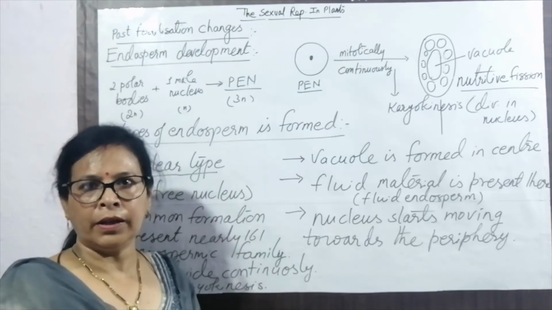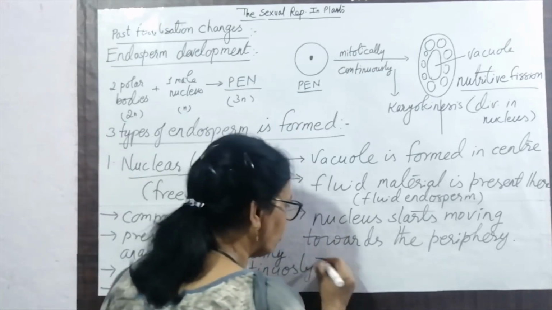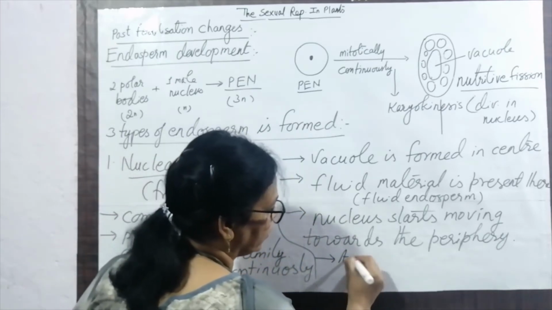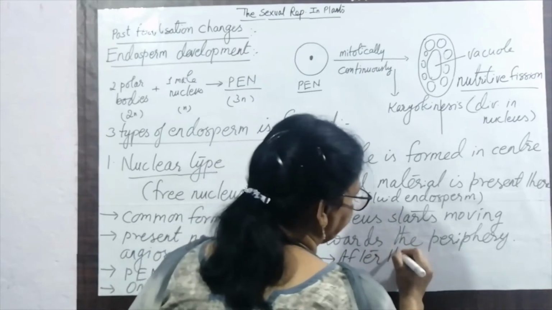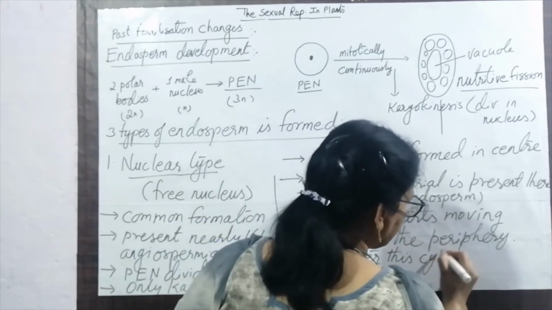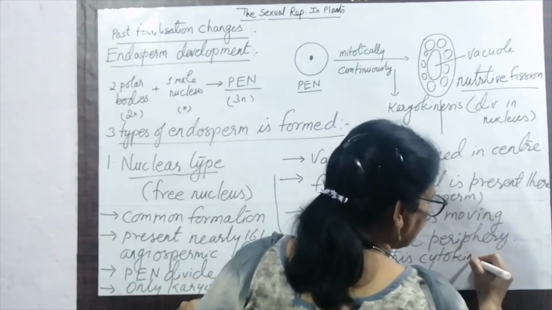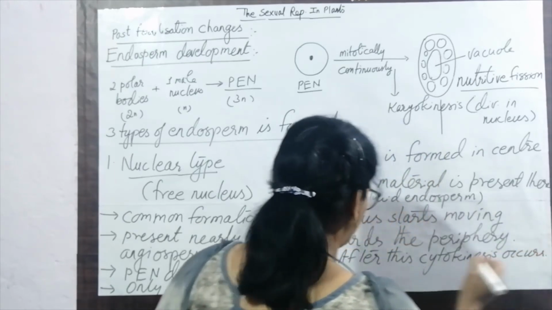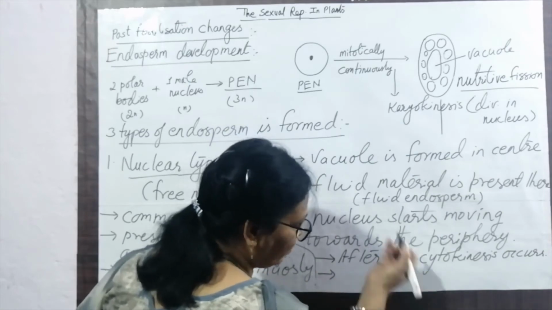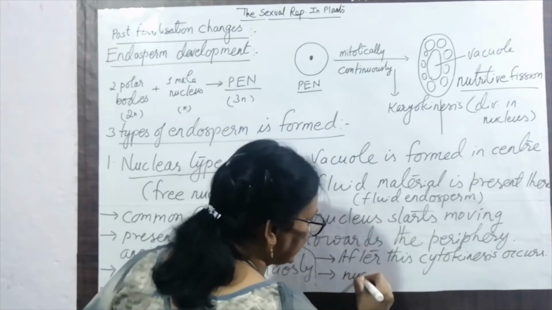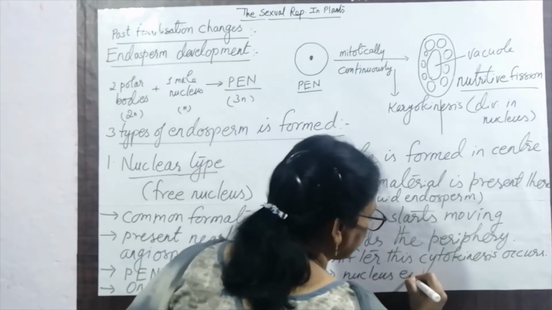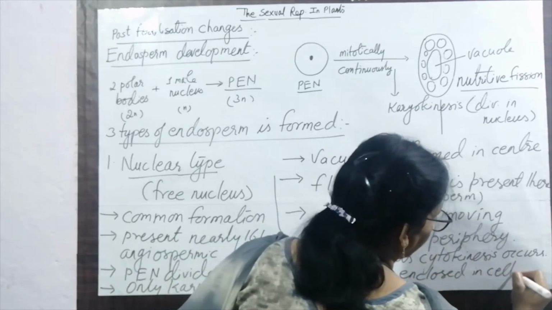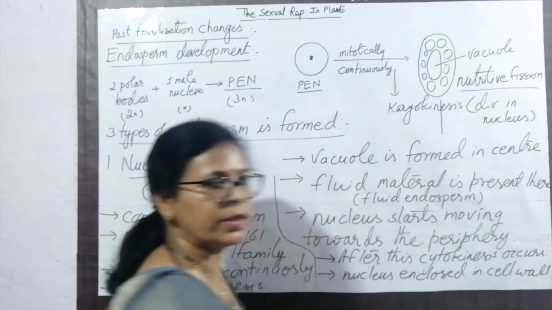After that, the cell wall is formed. It means cytokinesis now occurs, which is the division of the cytoplasm. Due to cytokinesis, the nuclei are enclosed in cell walls.